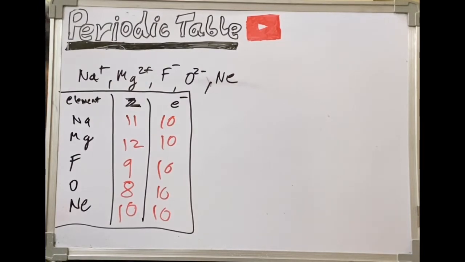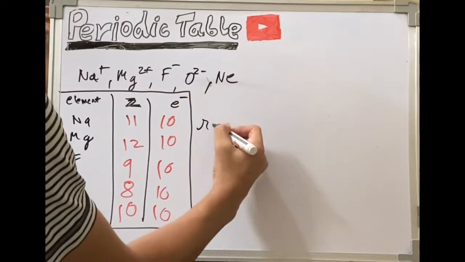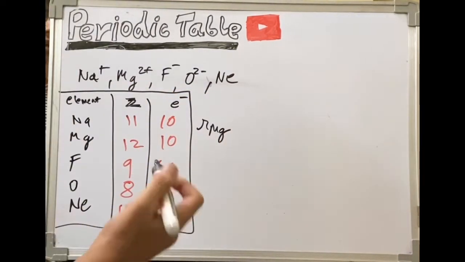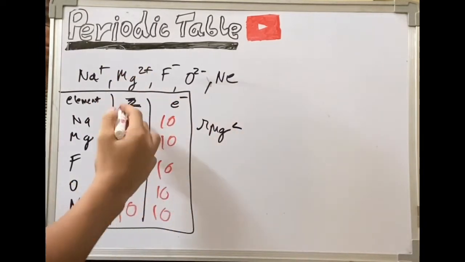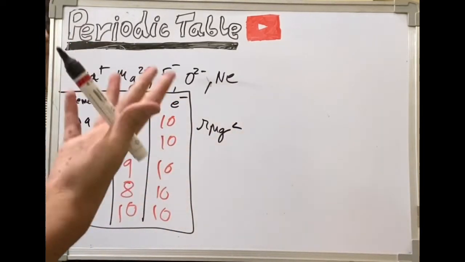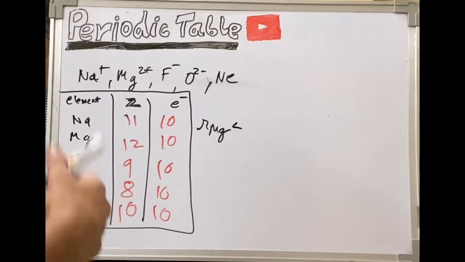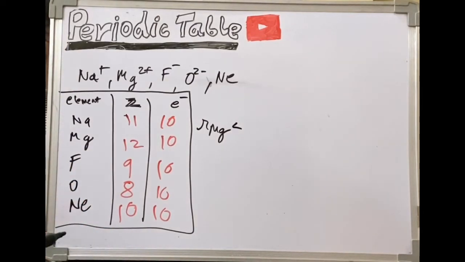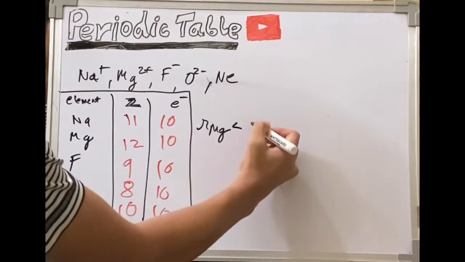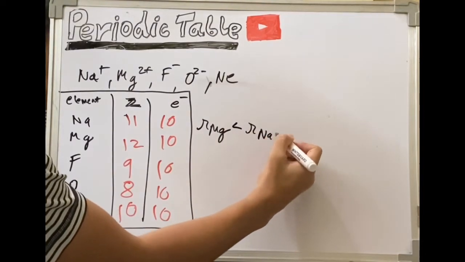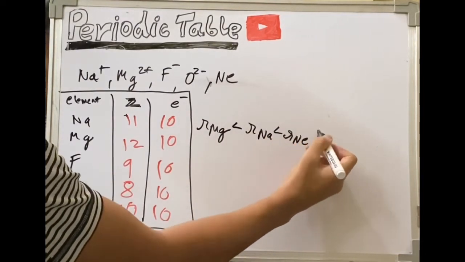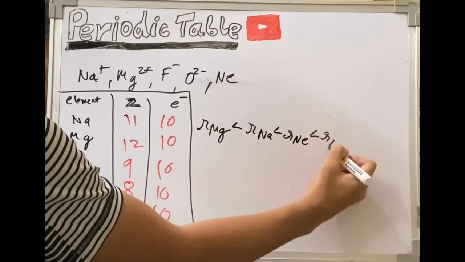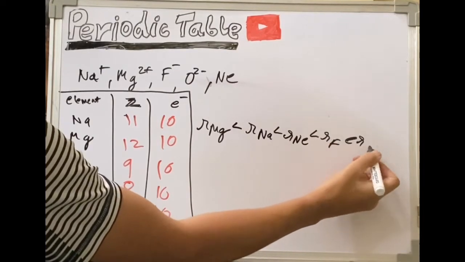So the radius of Mg will be the least, then there will be Na because its nuclear charge is just less than Mg, so Na, then Ne, then F, and then O.